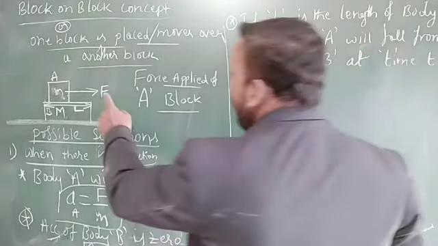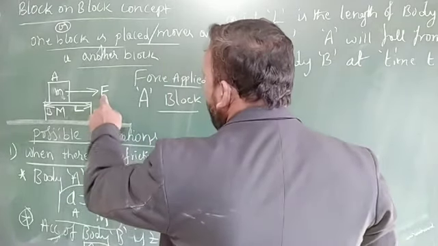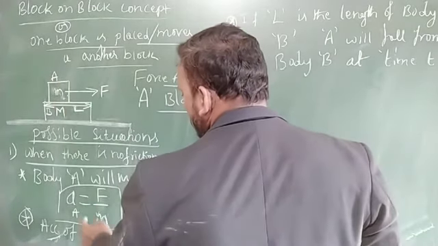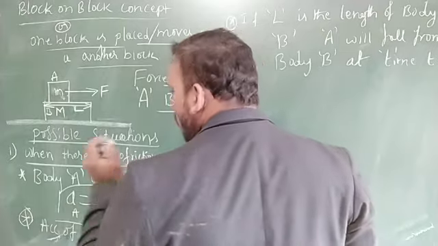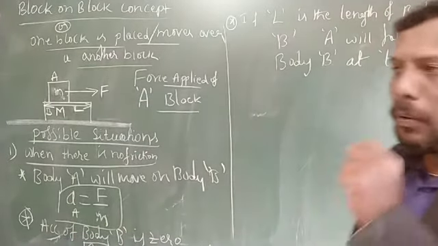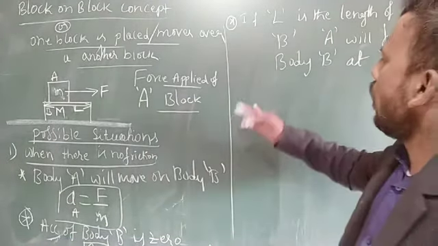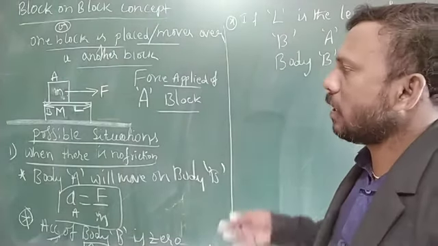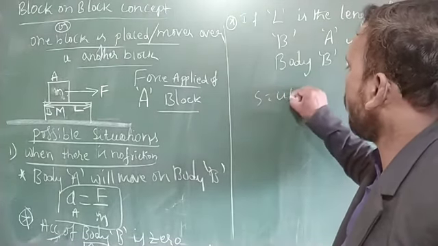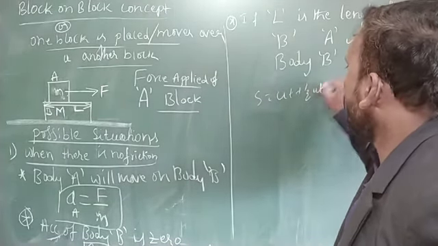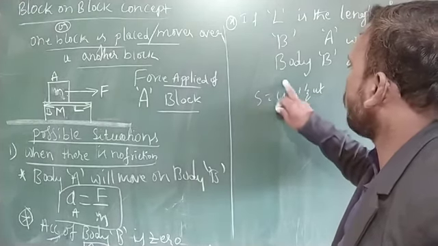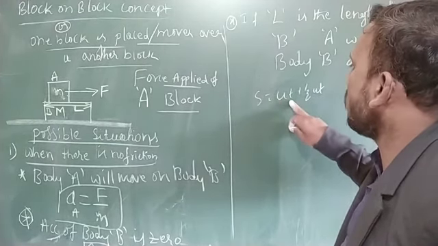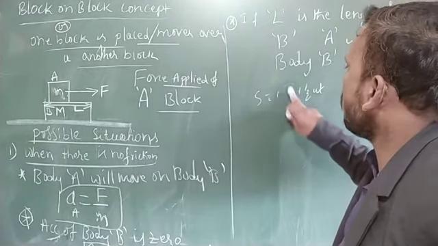Therefore, if we apply a force on body A, body A moves with an acceleration a equal to F divided by m. By using the kinematic equation, s is equal to ut plus half at square. The initial velocity of body A is 0, therefore ut is equal to 0.